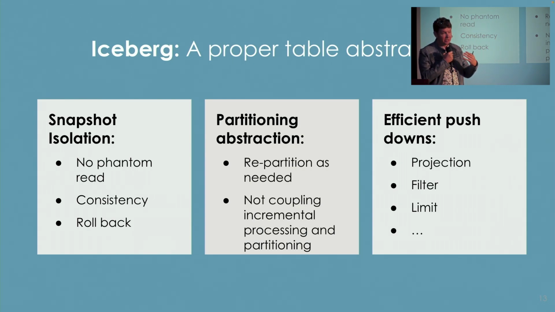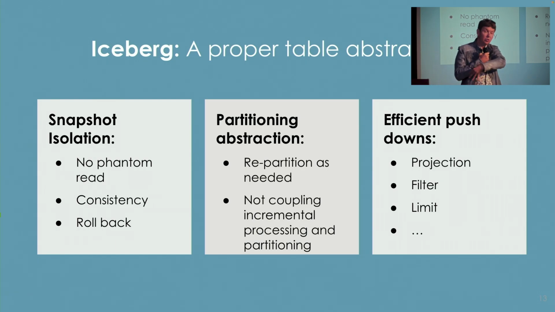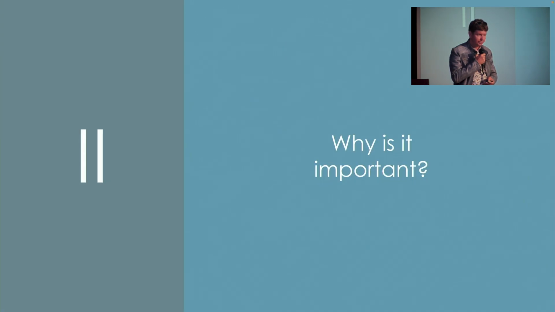You can change the partitioning, you can optimize your storage without having to worry about impacting all the application logic on top of it. And it helps implement those efficient push downs, projection, filter, limit, all understanding the schema, the evolution of the schema, and taking advantage of the underlying columnar storage. So that's kind of an overview of how Iceberg fits in that.